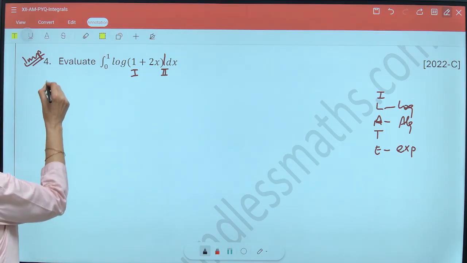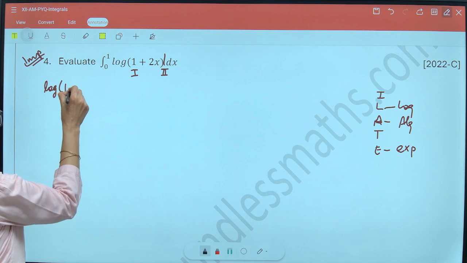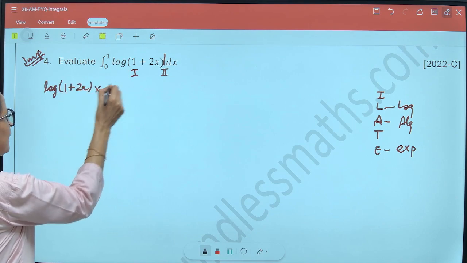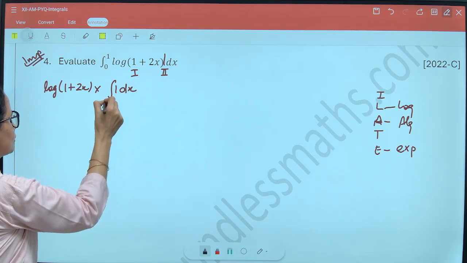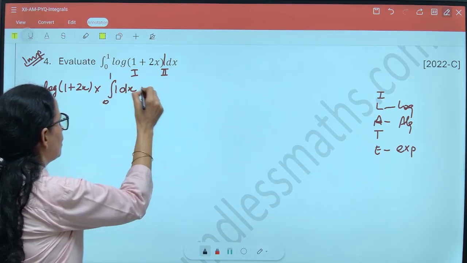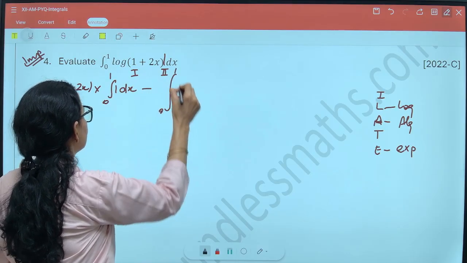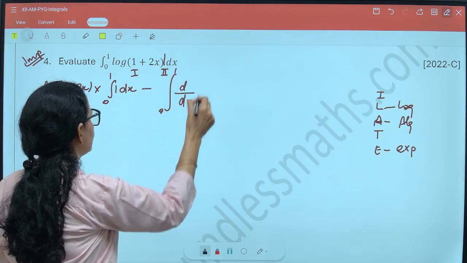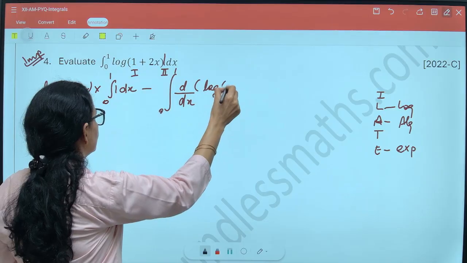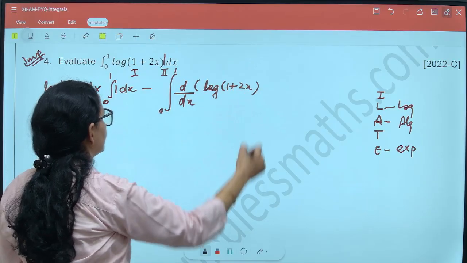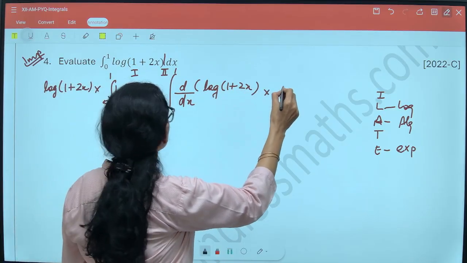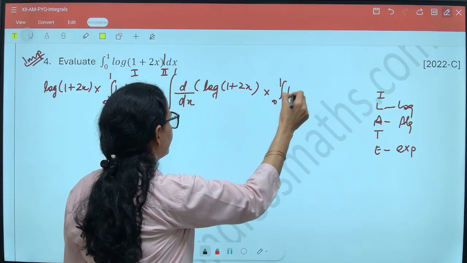How do we do that? First function into integral of second function. Don't forget the limits. Minus integral of derivative of first function into integral of second function.